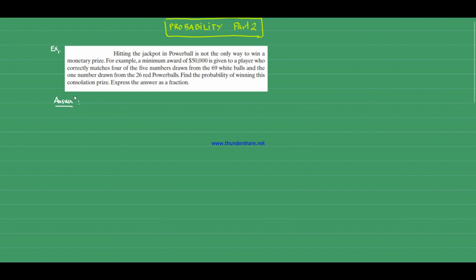So we know that there are 69 white balls and 4 balls will be picked from the 69 white balls. So if we do a quick summary here, we're going to have 4 white balls, all of them from 69. So in total we have 69.